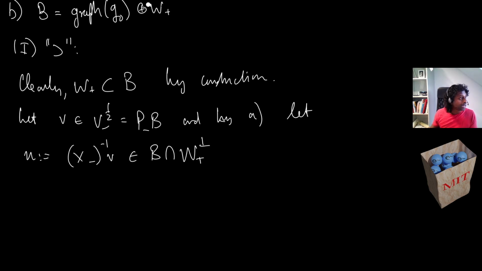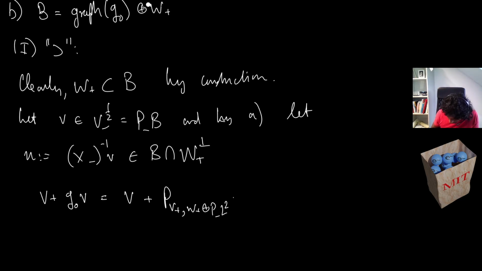Good. Now let me look at V plus G0 of V. So V plus G0 of V is equal to V plus PV plus W plus along P minus L2 X minus inverse of V. Okay.